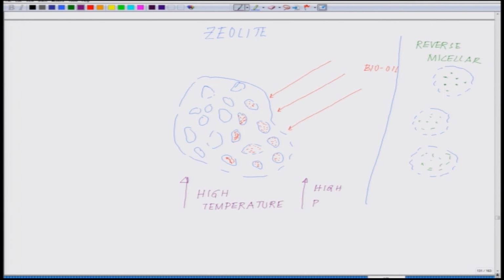In this situation, each one of those small pockets you see out here are individual reaction vessels, just as I showed you in the analogy of the reverse micelle, and out here it leads to breaking down of the long hydrocarbon chains.